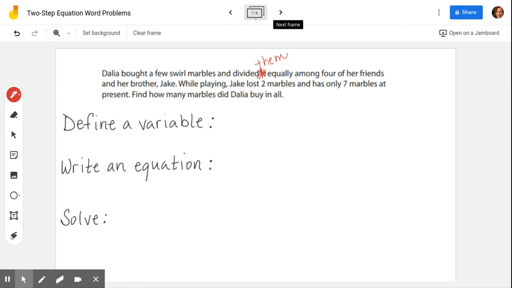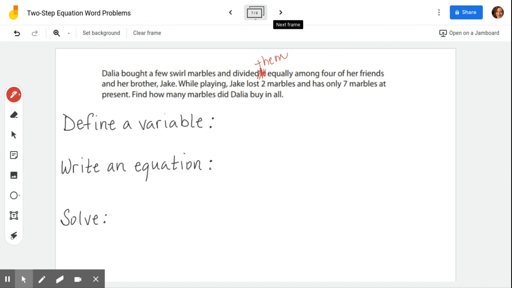Thank you. Okay, Dahlia bought a few swirl marbles and divided them equally among 4 of her friends and her brother Jake. While playing, Jake lost 2 marbles. How irresponsible of Jake. And has only 7 marbles at the present. Find how many marbles did Dahlia buy in all?